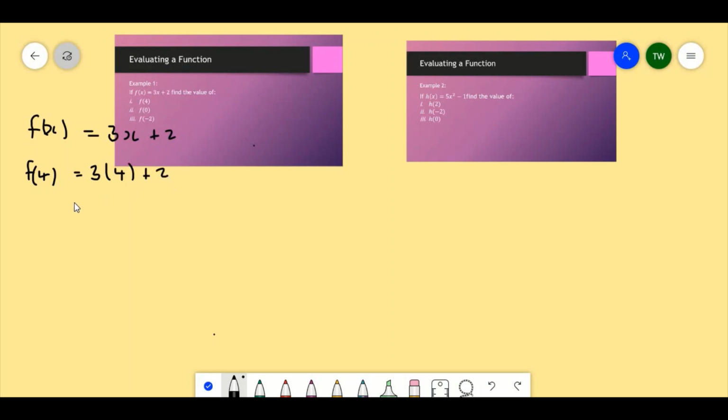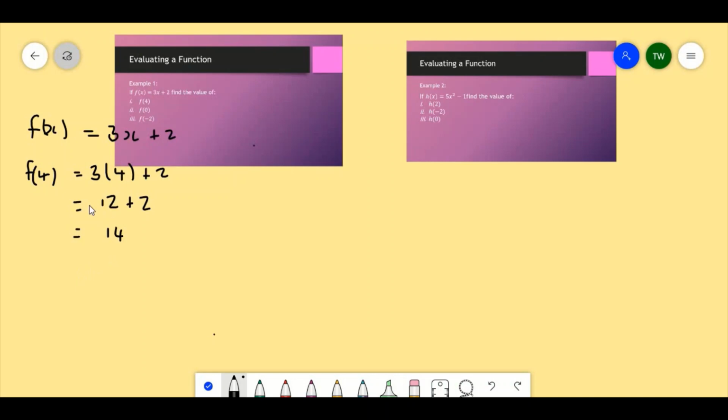And you just simplify this. So 3 times 4 gives you 12, plus 2. Therefore, 12 plus 2 is equal to 14. So f of 4 is equal to 14.